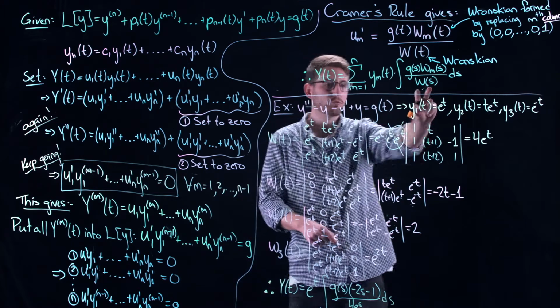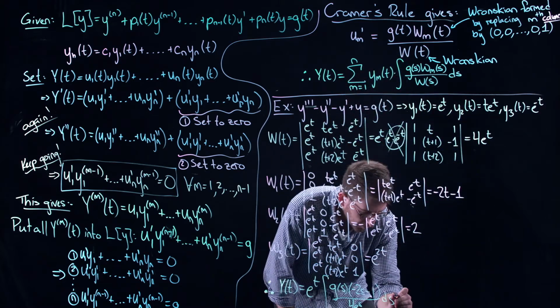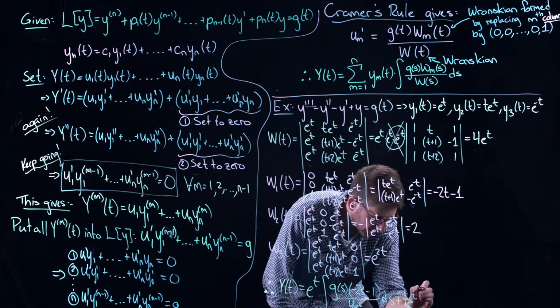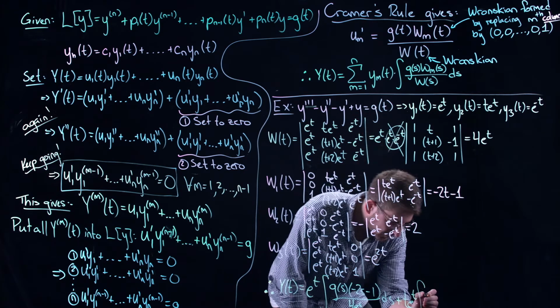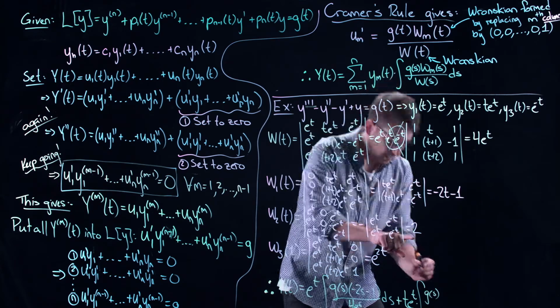That is the Wronskian here, plus y2, times the antiderivative of g of s, times 2.